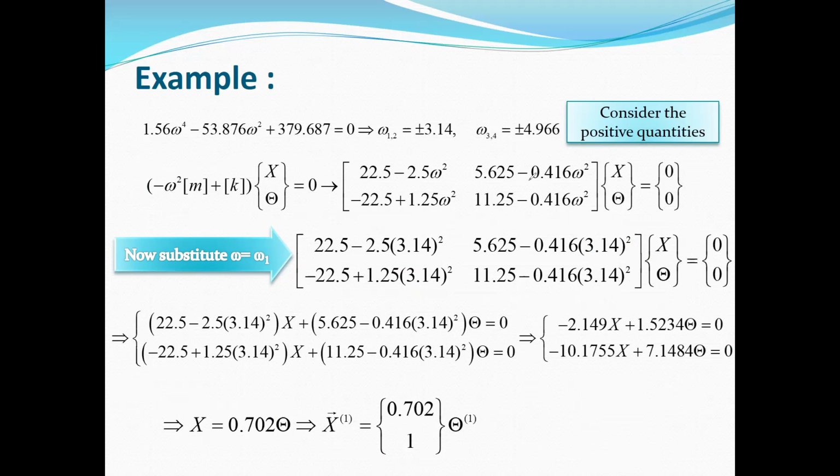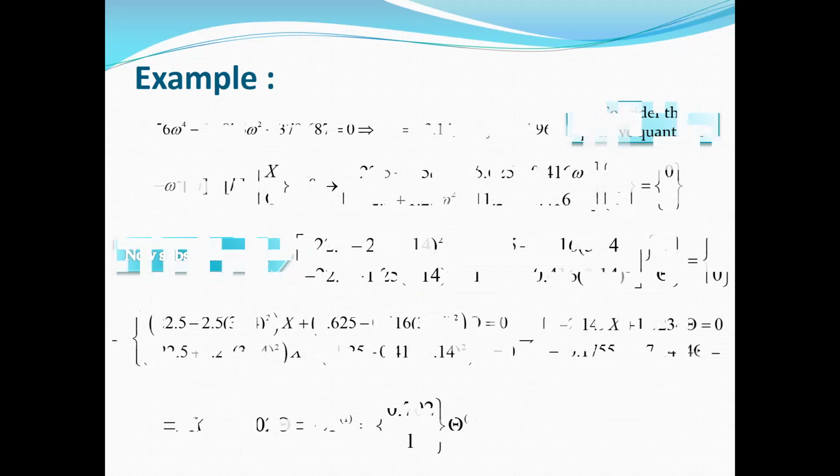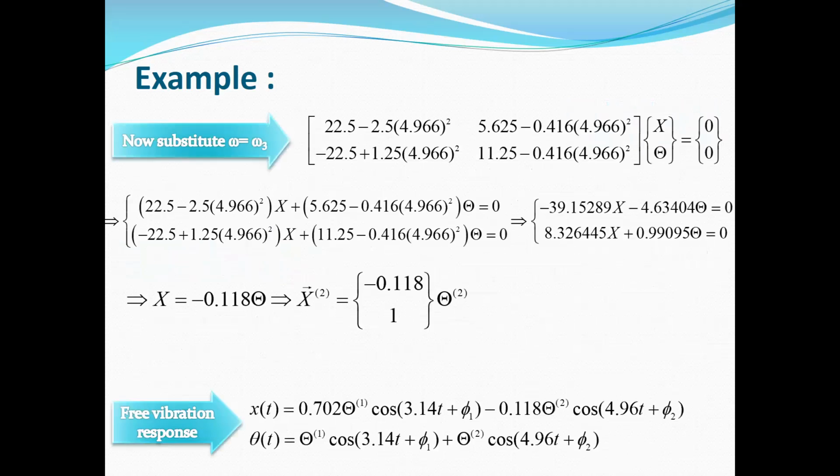4.966. So for this purpose, again in equation 1, we substitute omega equal to 4.966, and now again we can extract two equations.